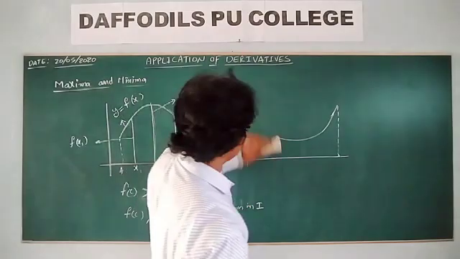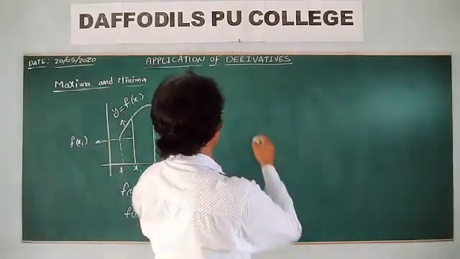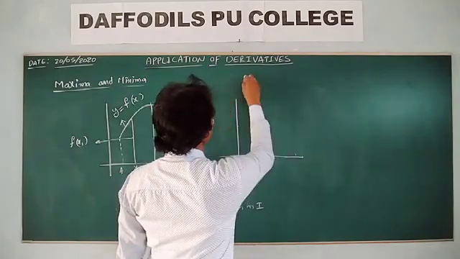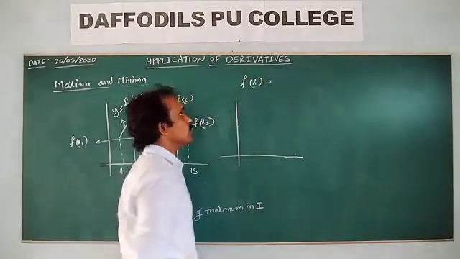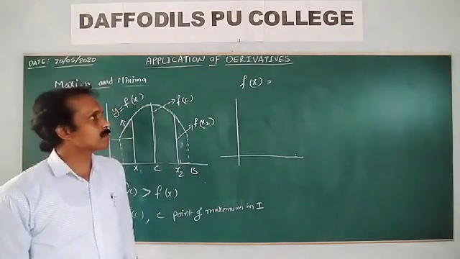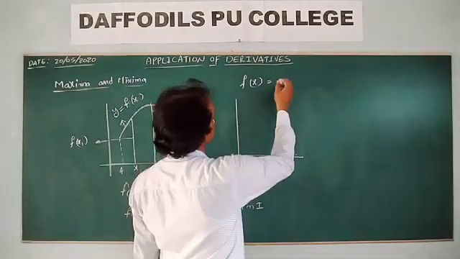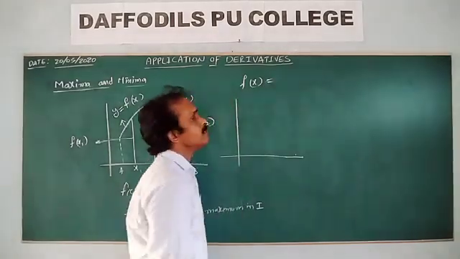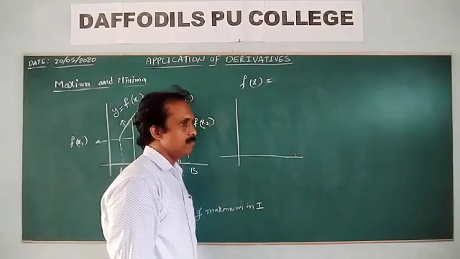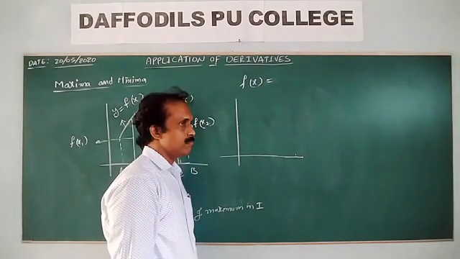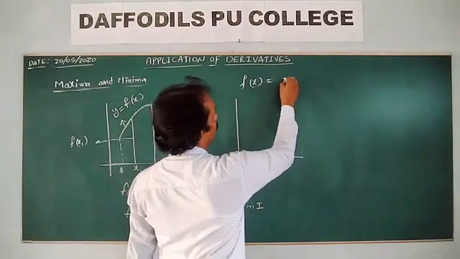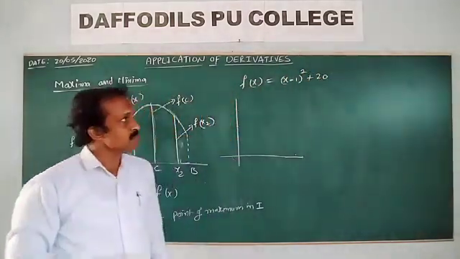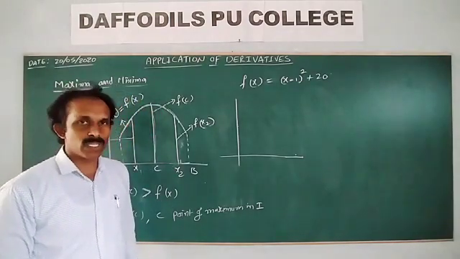I'll explain an example for this. Suppose the function f of x is equal to minus (x minus 1) whole square plus 20.